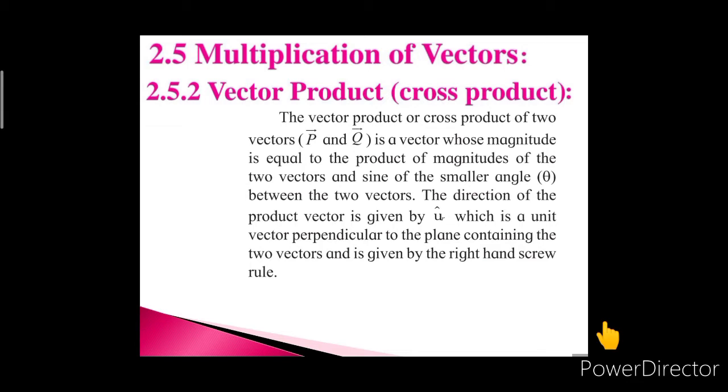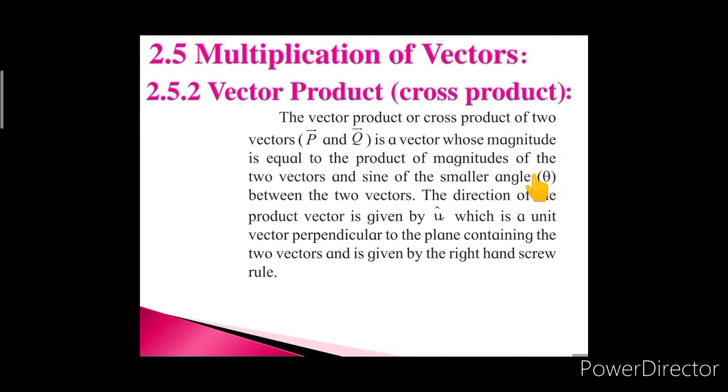Over here, we are taking the multiplication of the two vectors, vector P and vector Q, and the result is equal to the product of magnitudes of the two vectors. That means we have to take the product of magnitude of vector P and magnitude of vector Q and the sine of the smaller angle theta between these two vectors.